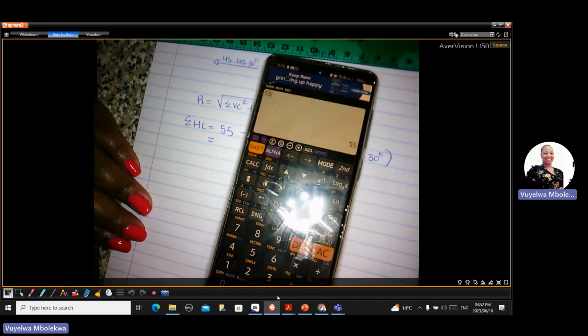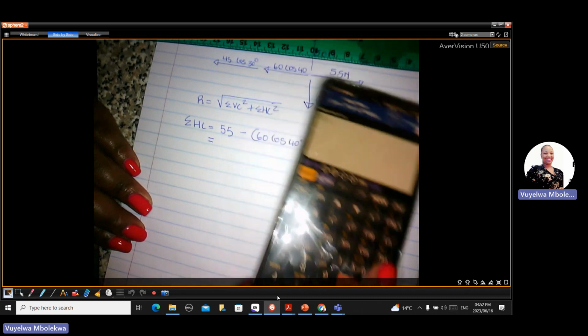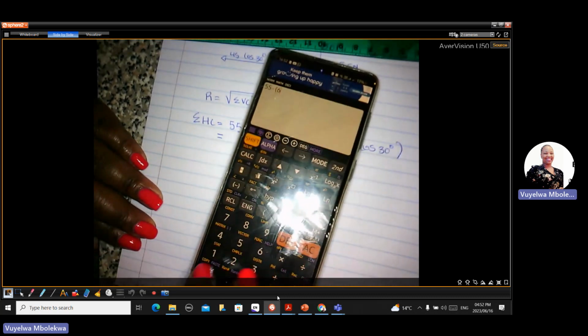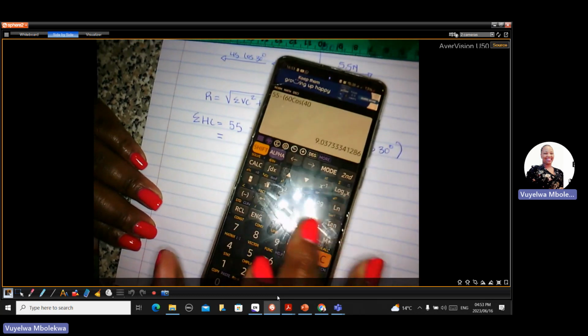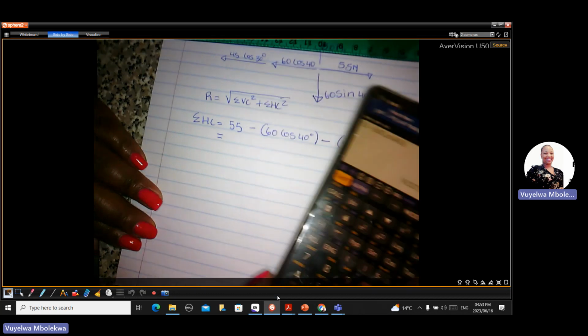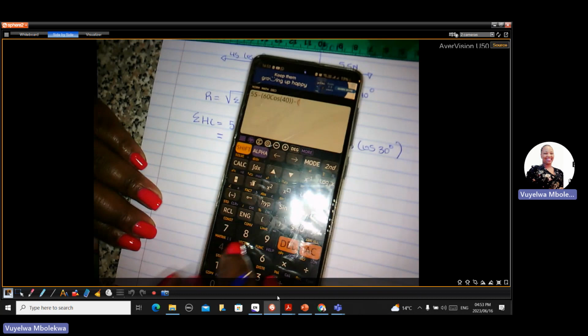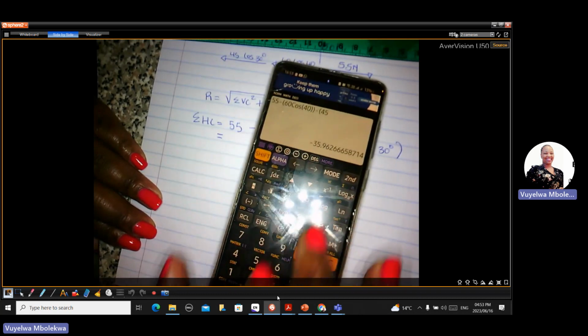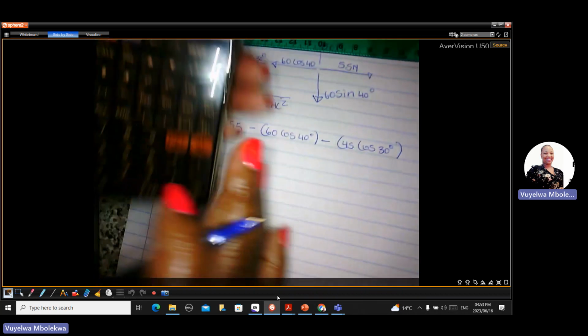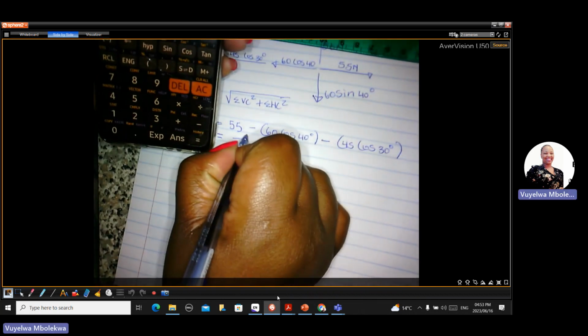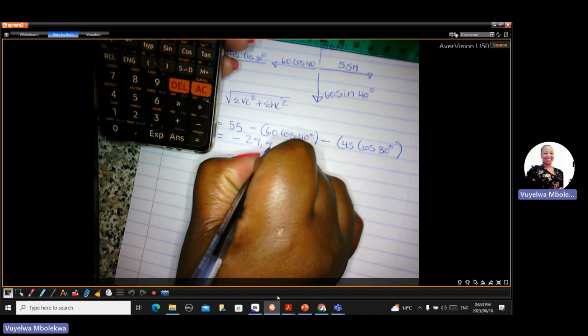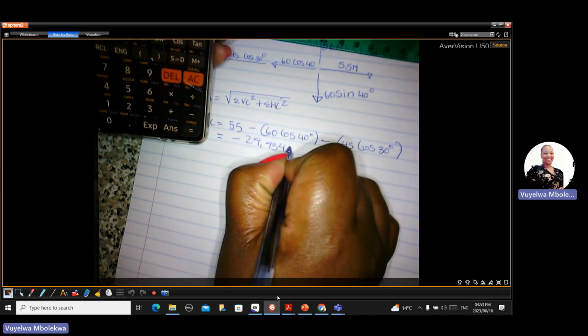Very important how you use your calculator here. Open your brackets to put in the 60 cos 40, because sometimes if you don't put in the brackets, it misbehaves. Then the next one is minus 45 cos 30, also opening the brackets. So it gives us a negative 29.934 newtons.